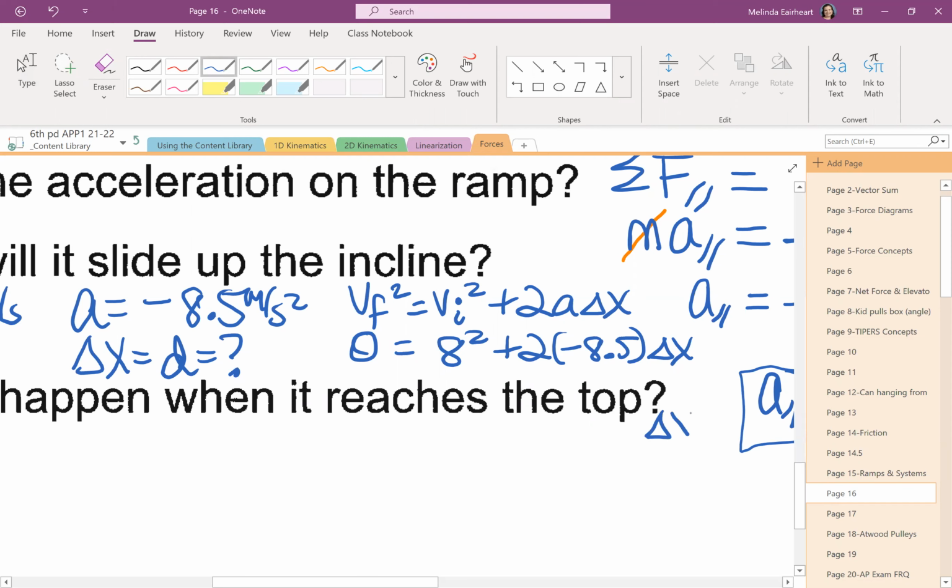A delta X equal to a positive. When you get an answer, let me know. Okay, 3.76, and it's a distance, it should be in meters.